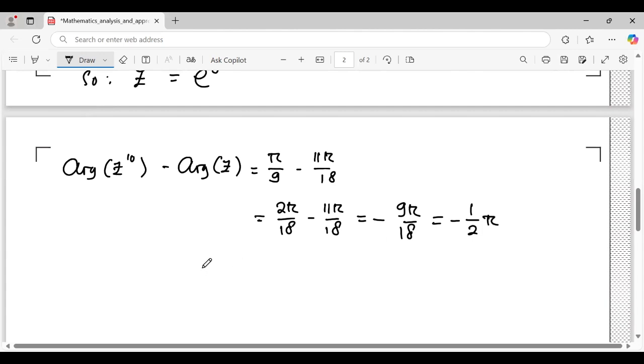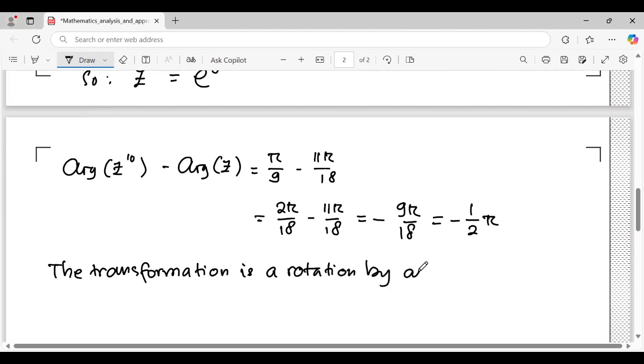Okay. So the transformation is a rotation by angle 2 pi minus 1/2 pi, because the period is 2 pi.